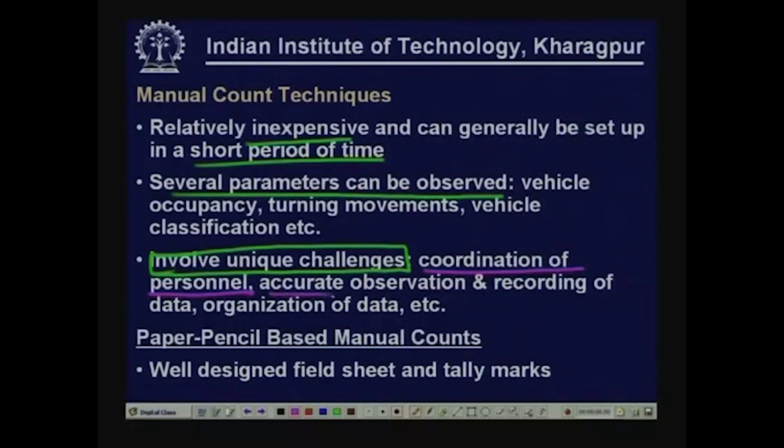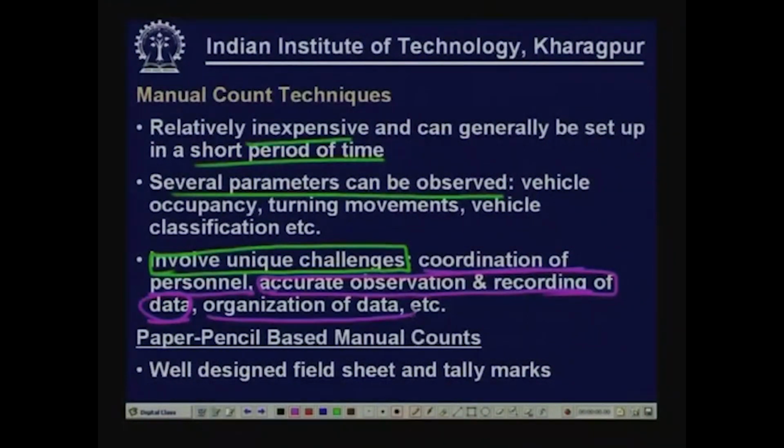Then accurate observation and recording of data is again a challenging task, because a manual component is involved. Sometimes all the people may not be equally serious when they are in the field. So, you have to ensure that they are really doing the work, really looking at the vehicles and recording them, either using pencil and tally marks or using some kind of counters.